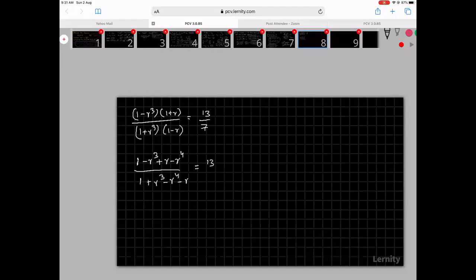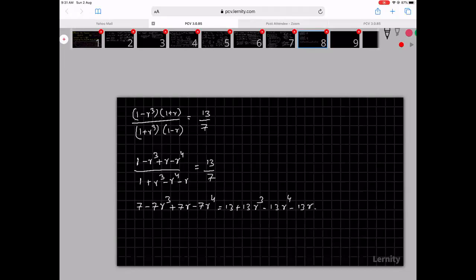Cross multiply. So you'll get 7 minus 7r cubed plus 7r minus 7r power 4 is equal to 13 plus 13r cubed minus 13r power 4 minus 13r. Okay, so we can bring r power 4 onto this side.